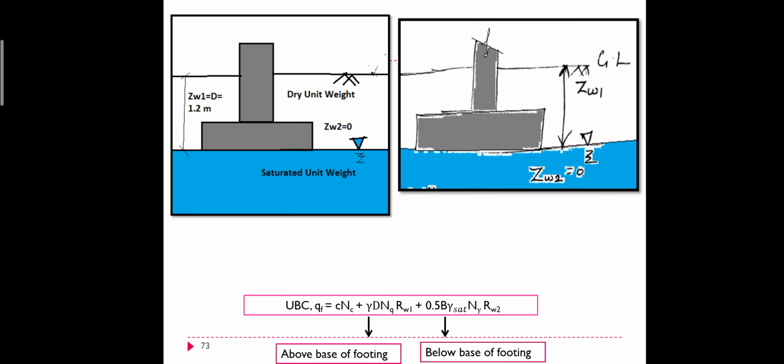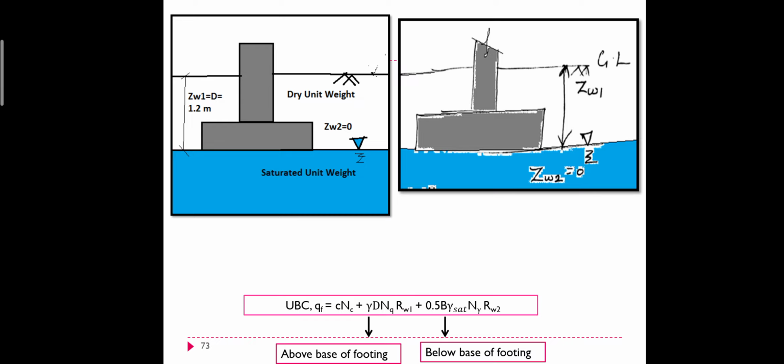What is ZW2? The distance from the base of the footing to the water table. There is no distance between water table and the base of the footing, so that is taken as 0. ZW2 is taken as 0. So now what will be your equation? CNC plus gamma D NQ, which is above the base of the footing.